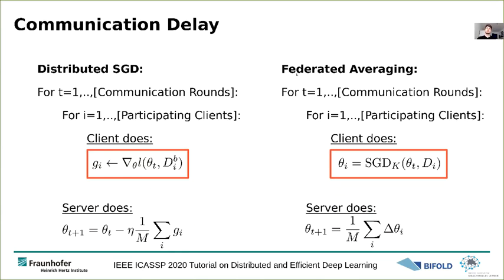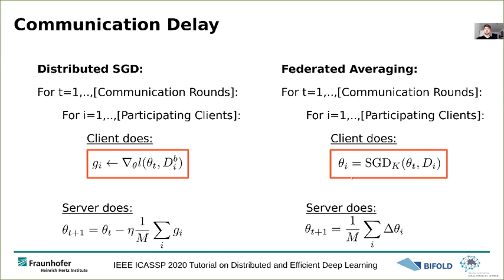So the first thing people came up with was this federated averaging algorithm, which essentially performs communication delay. So instead of only computing a gradient, in federated averaging a model update is computed by performing multiple subsequent steps of stochastic gradient descent.